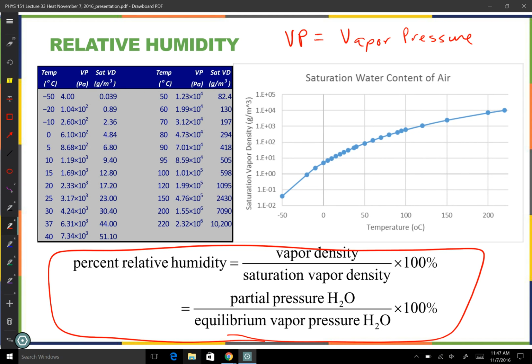So the higher the temperature is, the more pressure that water vapor would have in the vapor stage. And so the boiling point occurs when atmospheric pressure is equal to the vapor pressure. So at 100 degrees Celsius, at one standard atmosphere, 1.01 times 10 to the fifth pascals, water boils.